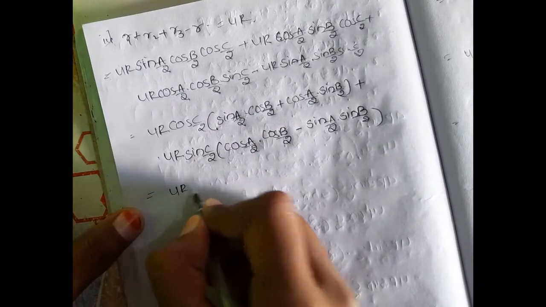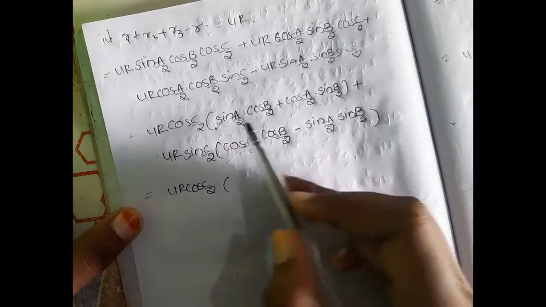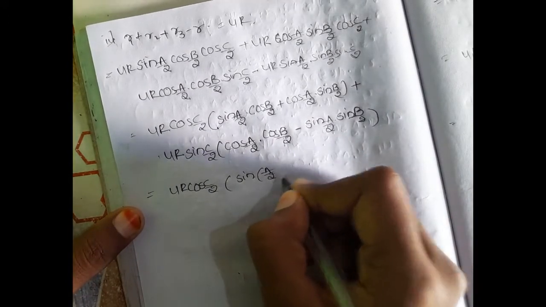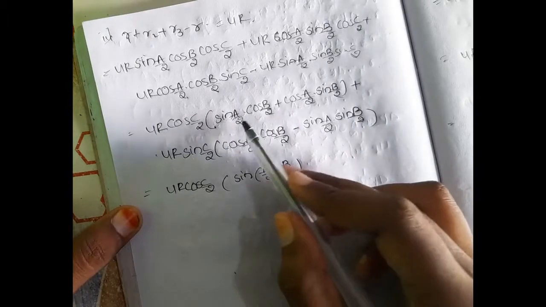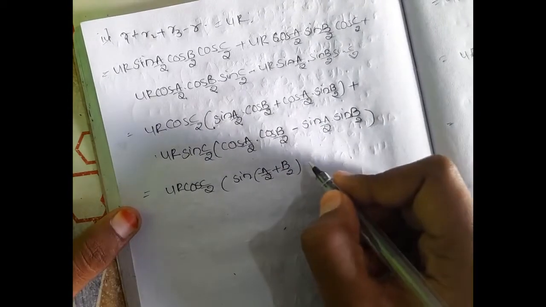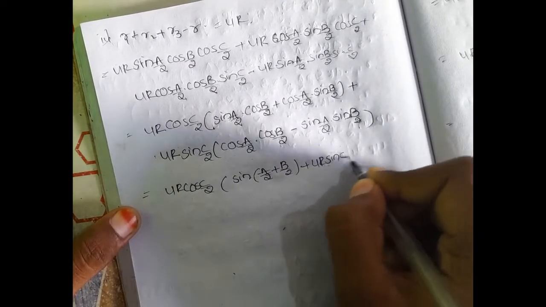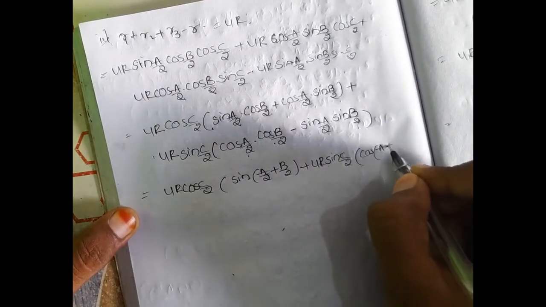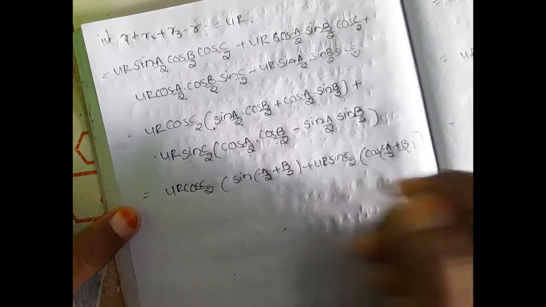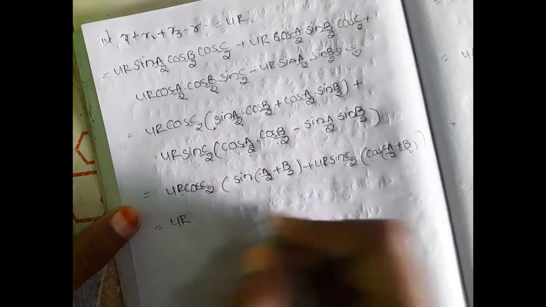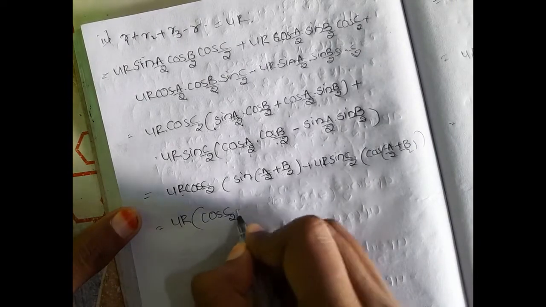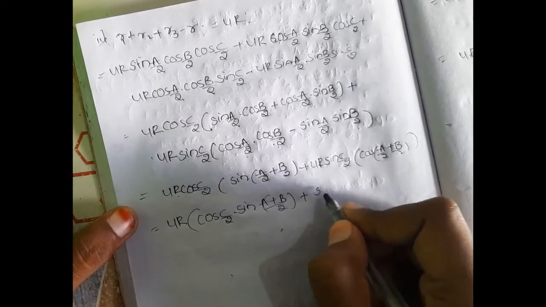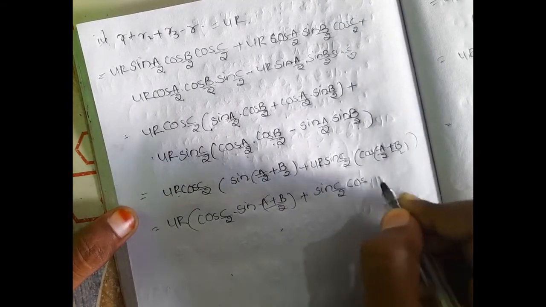Now 4R cos(C/2) times sin A cos B + cos A sin B is sin(A + B), so in place of A we have A/2, in place of B we have B/2. Plus 4R sin(C/2), and cos A cos B − sin A sin B is cos(A + B). Taking 4R common from both, cos(C/2) sin((A+B)/2) + sin(C/2) cos((A+B)/2).